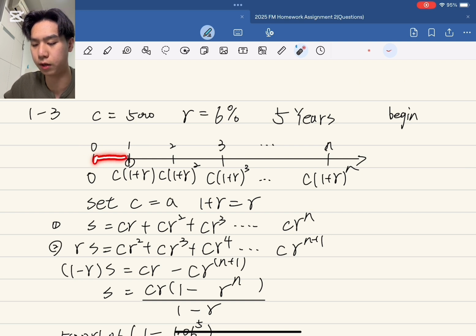And 1 year later, our first cash flow will become C multiplied by 1 plus the interest rate.